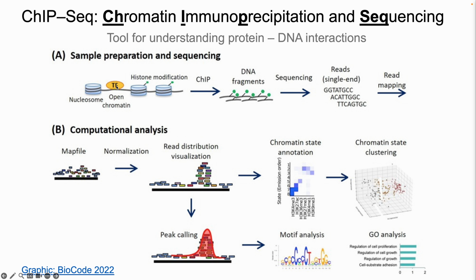Whether you're doing the histone modification or transcription factor, you're going to link that antibody to the thing that you're looking for, fragment the DNA, pull down that DNA, so you're basically getting rid of the rest of the genome except what your protein of interest is attached to.